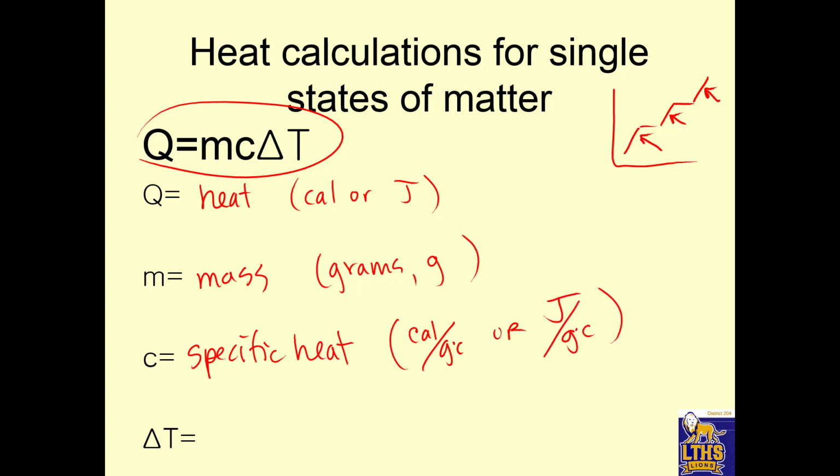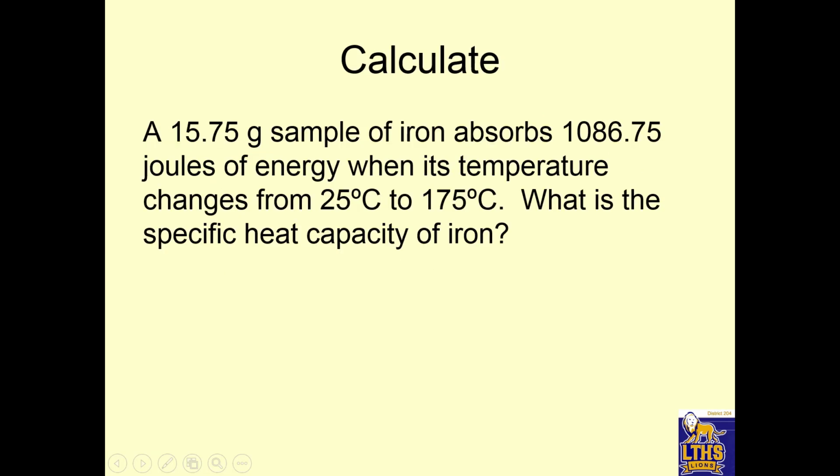The heat unit is the calories and the joules, but then we have to compare it per gram per degree Celsius. And delta T is a change in temp. You have two different temperatures, and their difference is their change, and it's going to be degrees Celsius. Okay, so let's see if we can apply it.